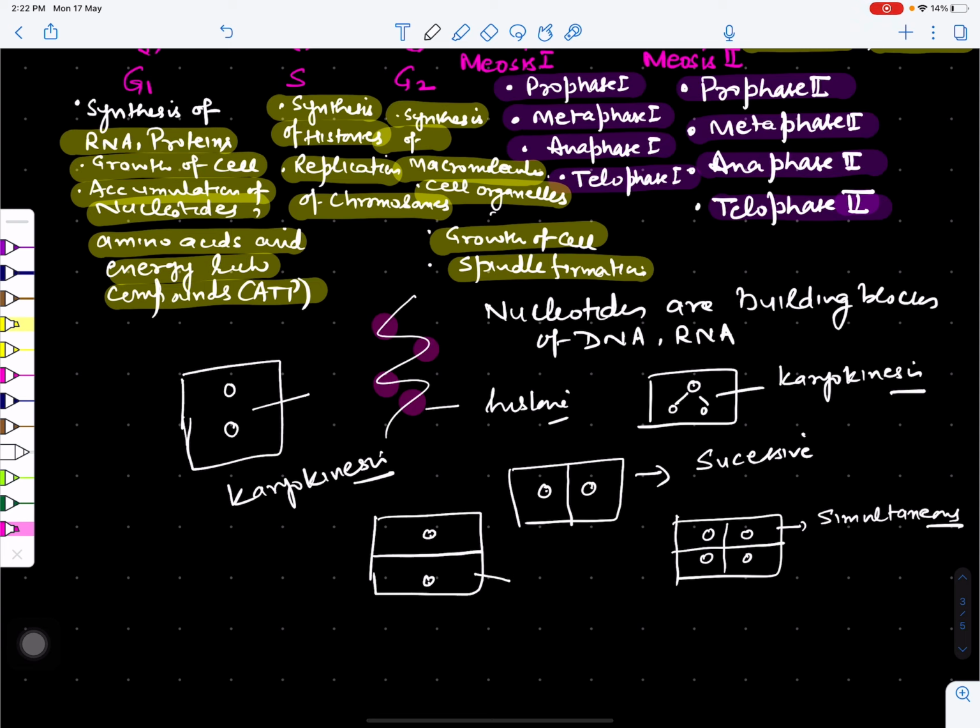So this is called successive cytokinesis. But if a cell divides to form four nuclei, 1, 2, 3, and 4, and then wall formation occurs, this is called simultaneous cytokinesis.